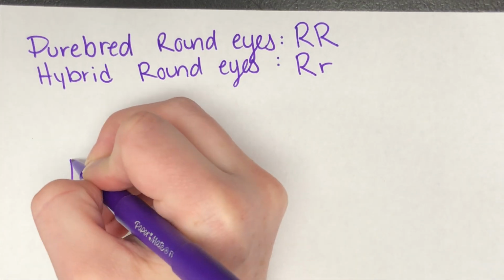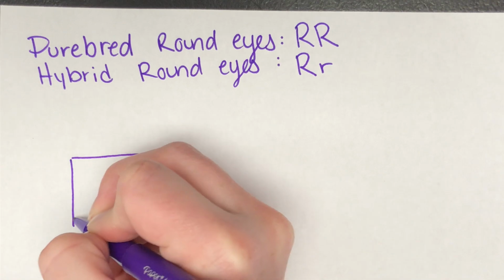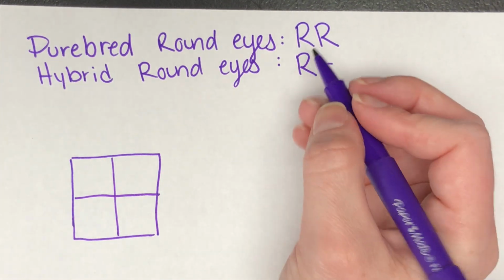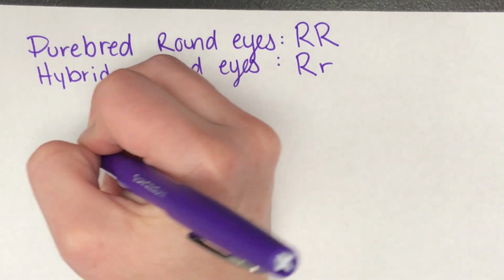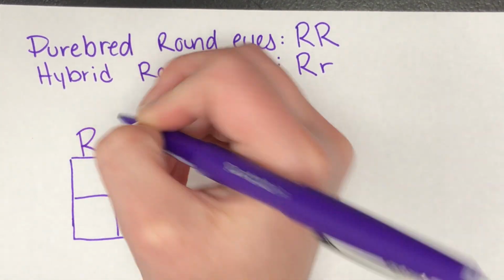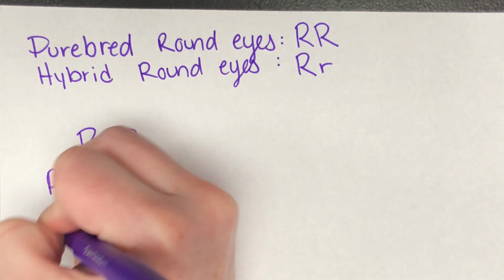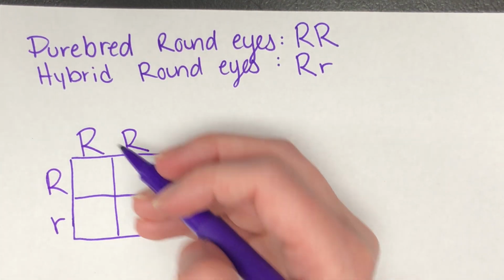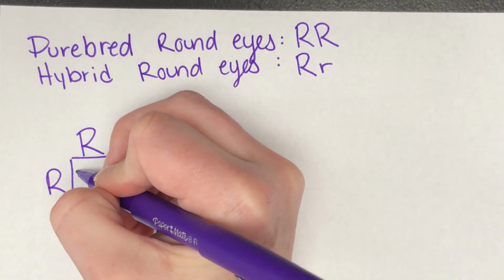Step 2, I'm going to draw my box. Okay, one parent on top, one on the side. Okay. So here, down, then across.